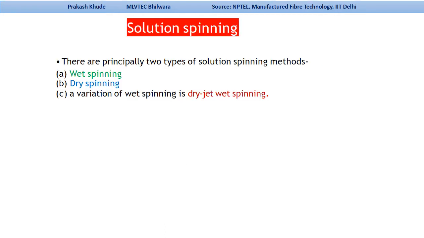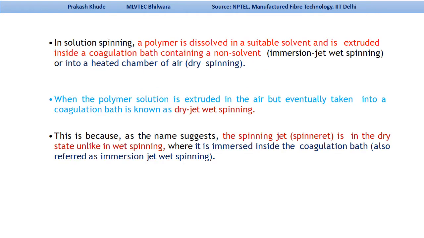As we know, solution spinning systems have two basic types: one is the wet spinning system and the other is the dry spinning system. But how is dry jet wet spinning different? Initially we will discuss dry spinning systems.